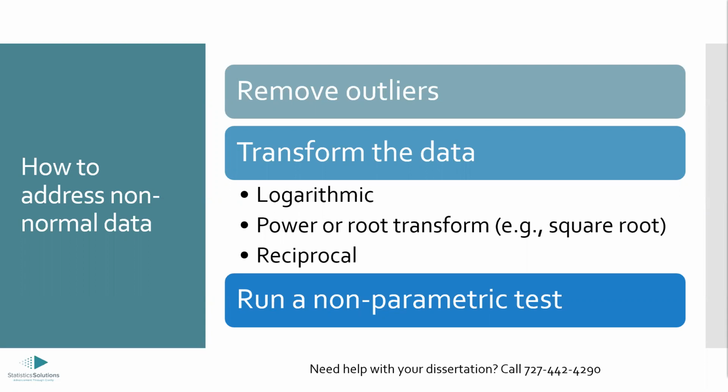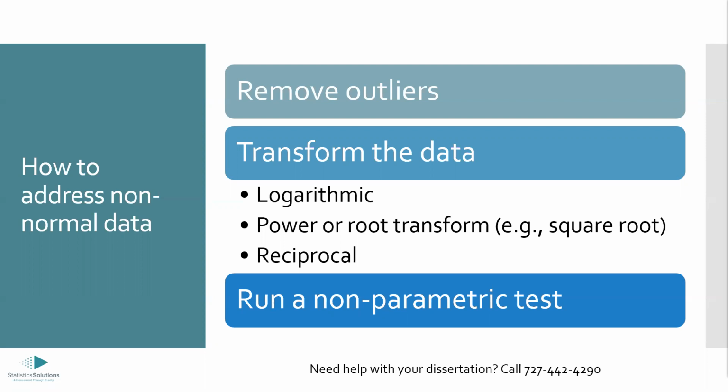And that's why it's called a parametric test, because parametric means it is based on a specific distribution. However, a non-parametric test does not assume anything about the distribution of the data. That's why it's called non-parametric. And so you can run a non-parametric test on data that are not normally distributed, and that doesn't cause any problems because there are no assumptions about normality for those tests.